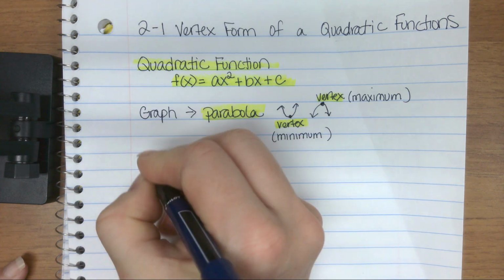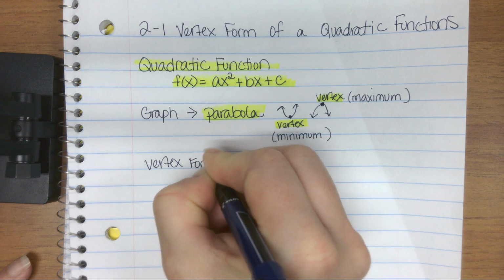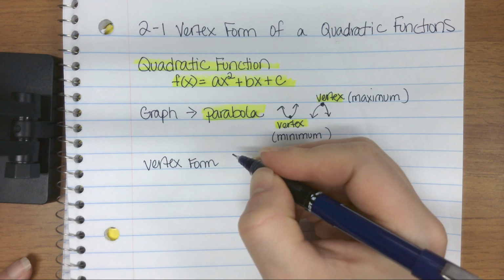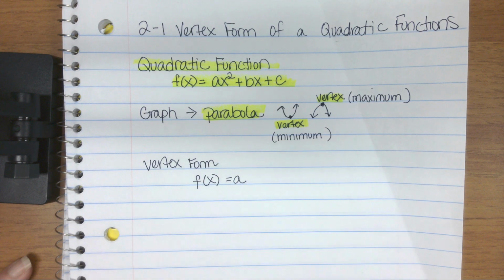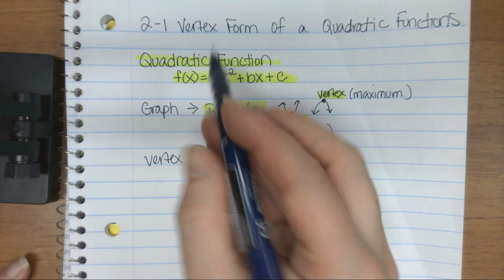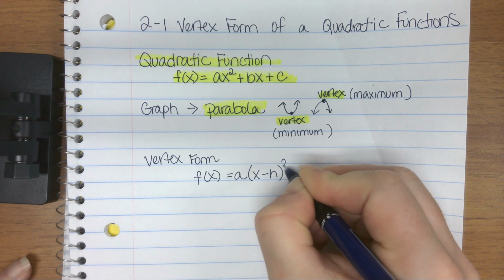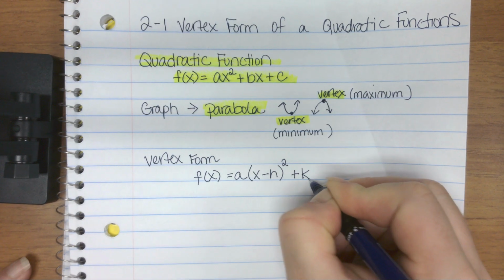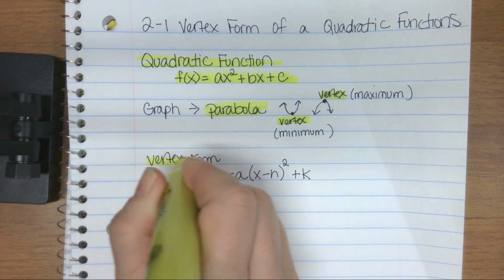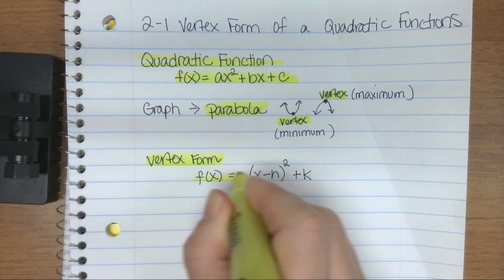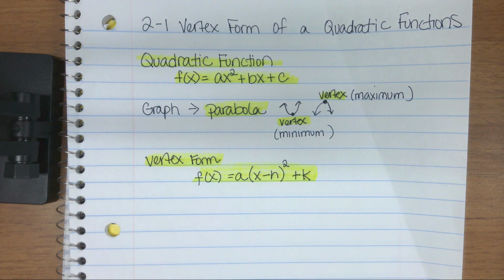So the vertex form, this is going to be our last vocab, is f of x equals a, same a as up here, parentheses, x minus h squared plus k. I know that's a lot of letters, okay?